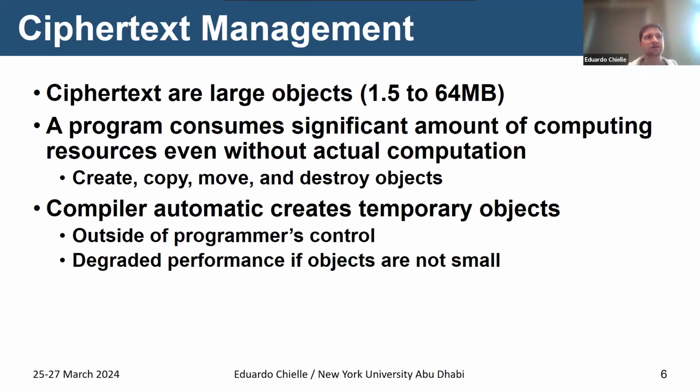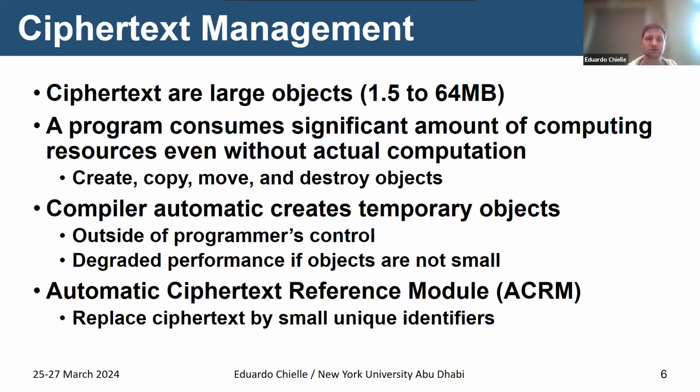And the compiler can create temporary objects that can be outside of the programmer's control. So this creation, copying, moving, destroying of temporary objects will degrade the performance because the objects are large, not small. So this is not a problem for the native data types because they are like 64 bits. But when you have things in the megabytes, then it becomes significant.